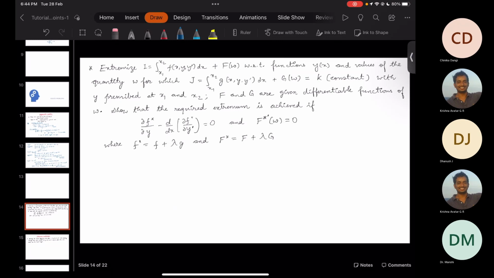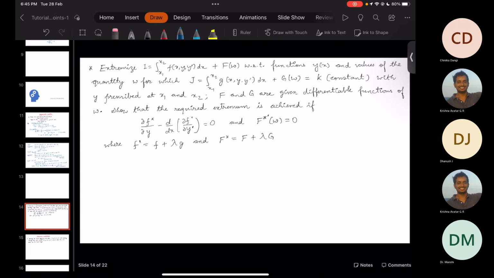The problem asks us to extremize a functional I is equal to integral x1 to x2 of f of x, y, y prime dx plus f of w, with respect to functions y of x and values of the quantity w, for which J is equal to integral over x1 to x2 of g of x, y, y prime dx plus g of w is equal to k. So this J here is the isoperimetric constraint, with y prescribed at x1 and x2.